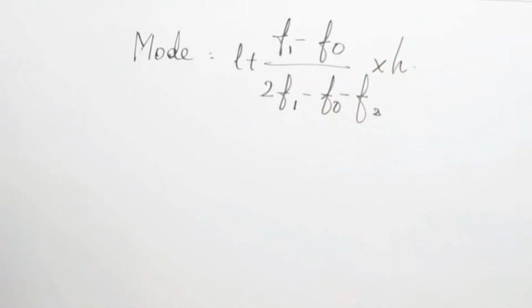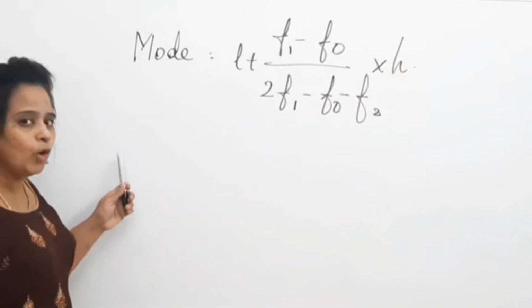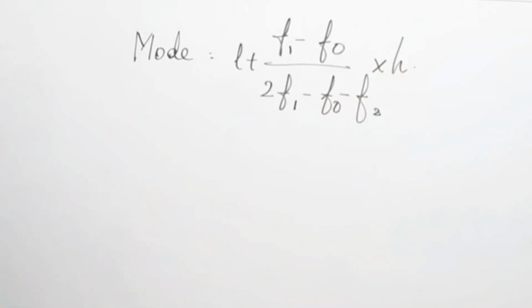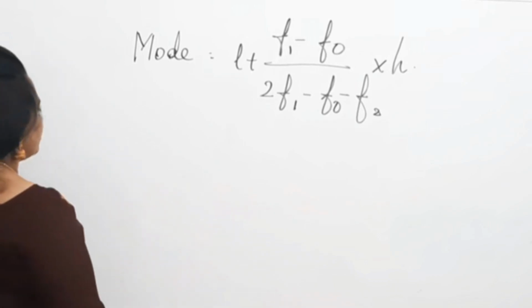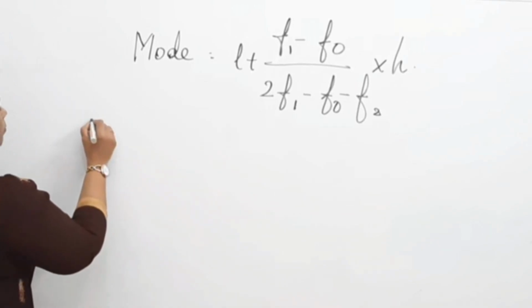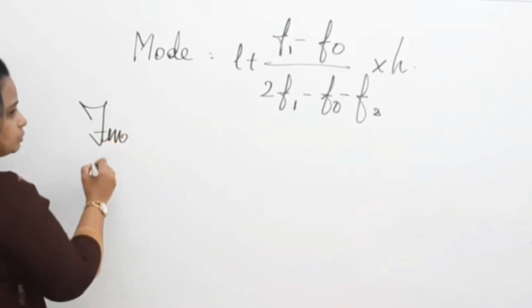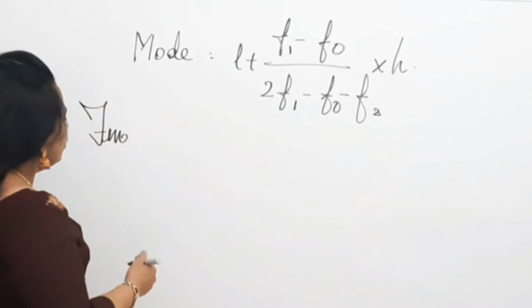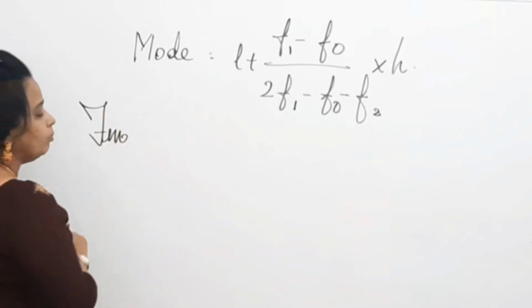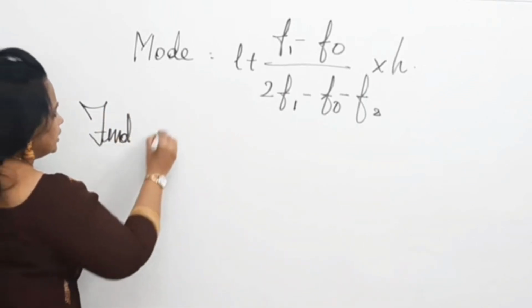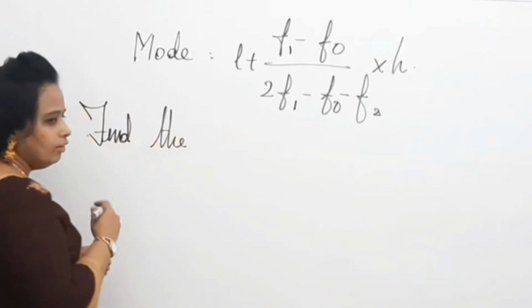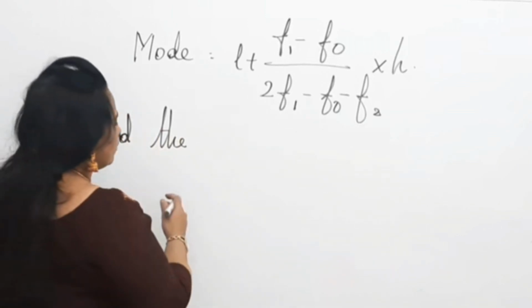This is the formula for mode. So I would be given the table. I'm going to write the table. Find the mode for the following frequency distribution. That's my question. I understood. So I've written the formula here. Just for your information, I'm writing the question.